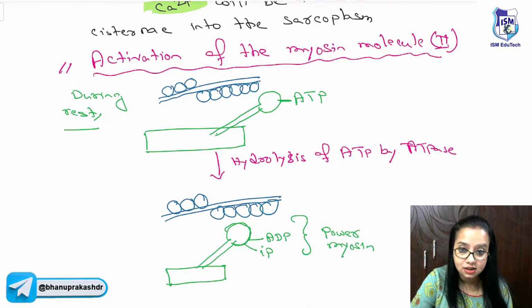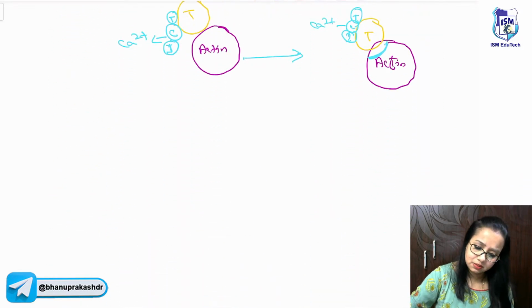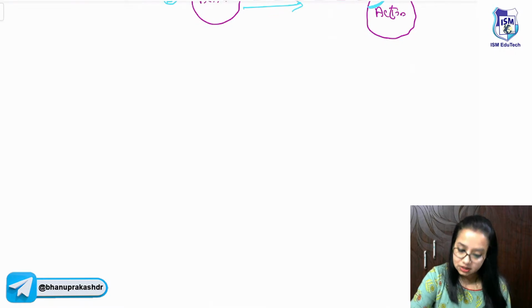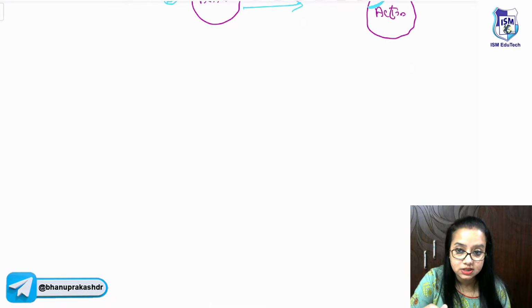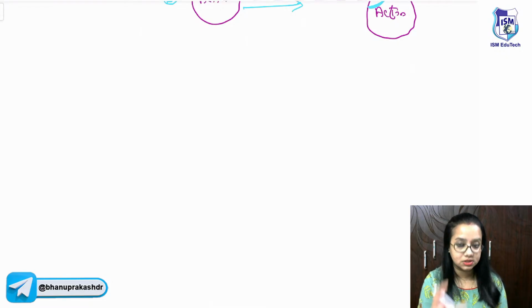Basically hydrolysis of ATP has happened and it has broken down into ADP and IP. Now both the molecules are ready for binding onto each other. The myosin will go and bind onto the active site of the actin and pull it, right? That's what we studied from the sarcomere.